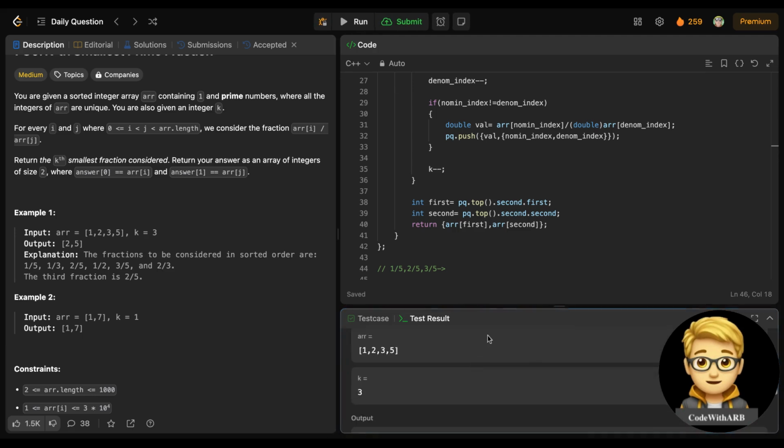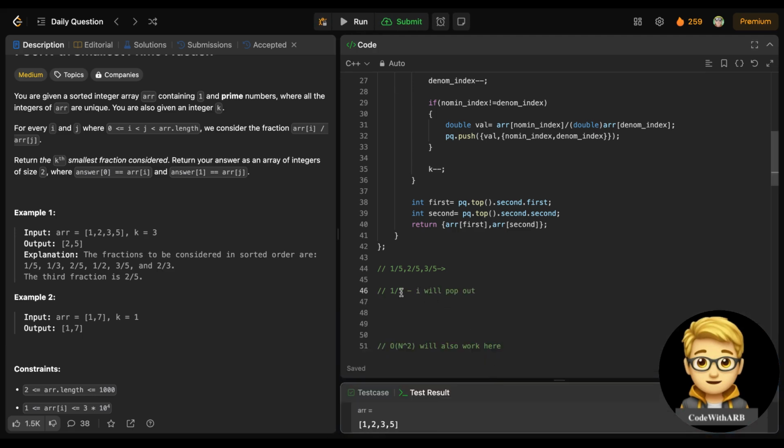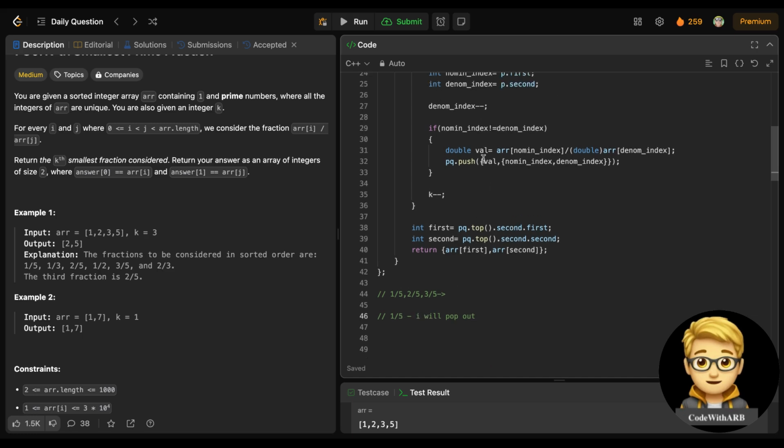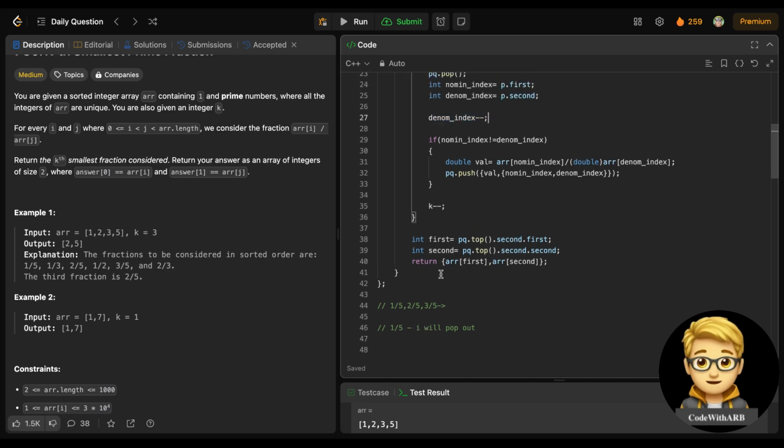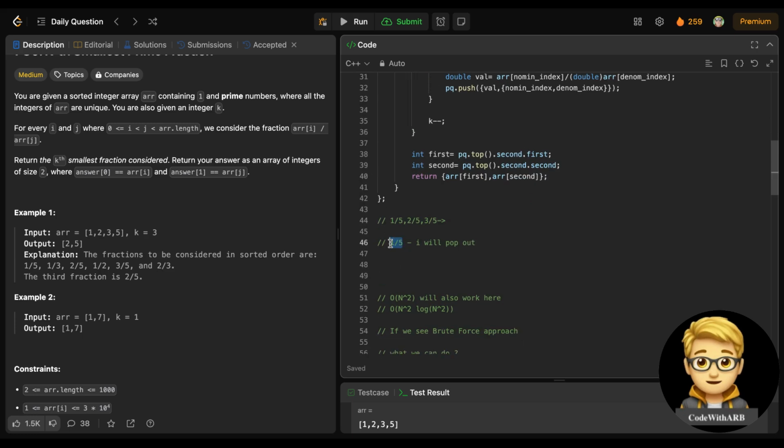Yeah, this is working, right? So just 1 by 5 I will pop out, and we are decreasing this denominator to make it the upper part, meaning larger than this value. So it will become 1 by 3 now, because this 5 index will get denominator 3. So this will become 1 by 3.